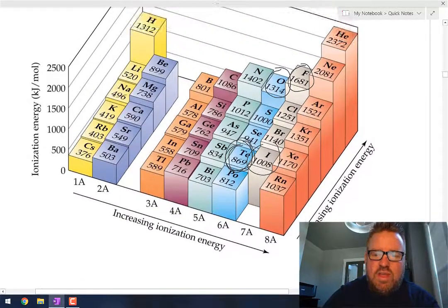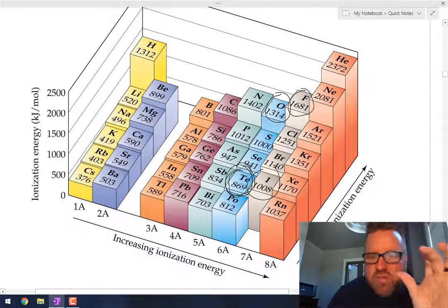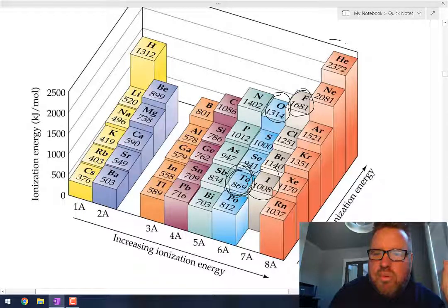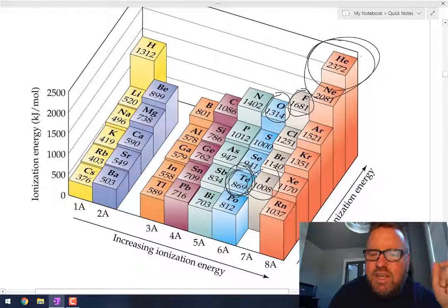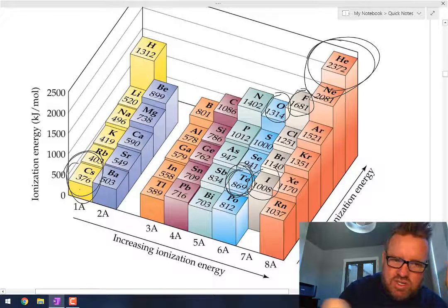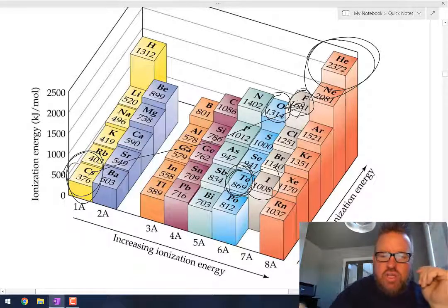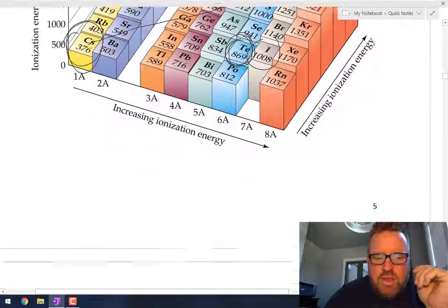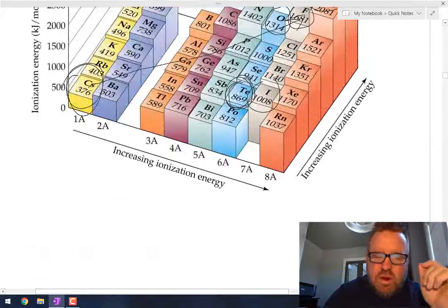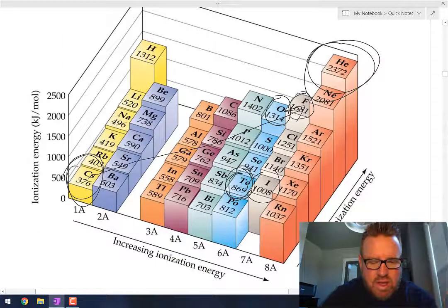Okay, that's a really good table to see that clearly, if you just want to focus on patterns: the top right have the highest ionization energies, the bottom left have the lowest ionization energies. So as you go diagonally up the periodic table, ionization energy goes up. Okay? All right, and then tomorrow we will talk about using kind of the same idea, what are called atomic and ionic radii.